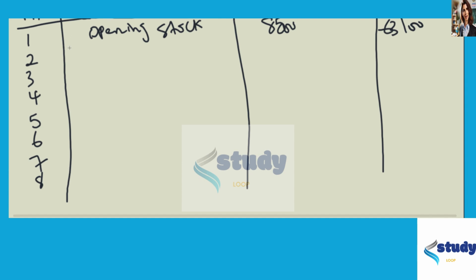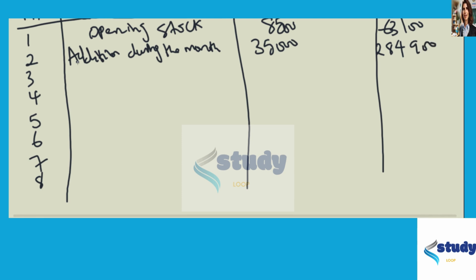Then we have the additions during the month, and the unit is 35,000, and it costs 284,900. Then the total of this is 43,500, and the cost is 348,000.